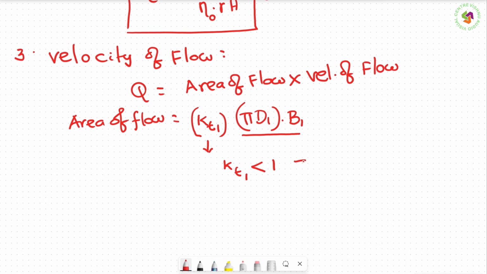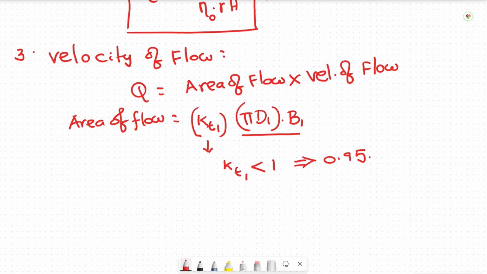Sometimes they will give it, and approximately it will be 0.95. That means almost 5% of the total area may be occupied by the vanes. If 5% is occupied, the remaining part is 95%. So that's why KT1 value should be 0.95.